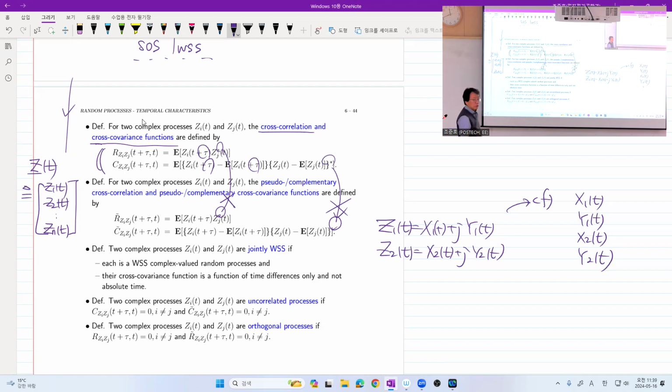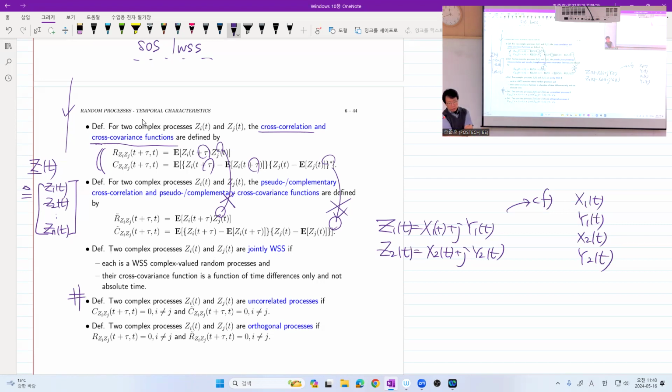Of course. Otherwise, it does not make sense. Now, we may further extend the definitions. So what about uncorrelatedness? What about orthogonality? They are exactly the extensions of uncorrelatedness and orthogonality of two complex random vectors.